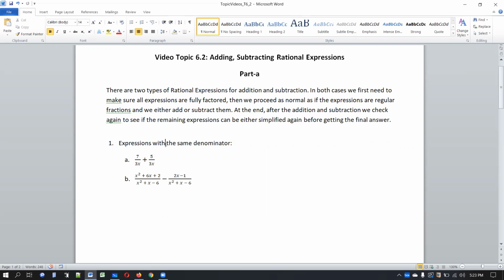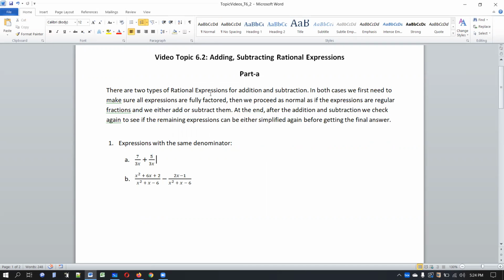And the next video, I'm going to show you where the rational expressions have to be added or subtracted, but the denominators are different. So we'll focus first on the denominator being the same for now. In the next video, we'll do the other case.